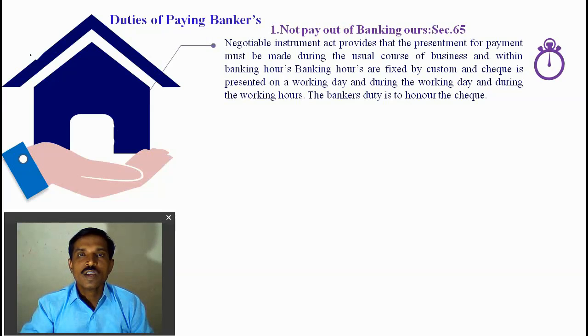Normal time is 11 am to 5 pm, and if the customer enters the bank at closing time and makes the demand before 5 pm, the bank can accept it. After that the bank will refuse. So the duty is to pay the customer's checks within banking hours.